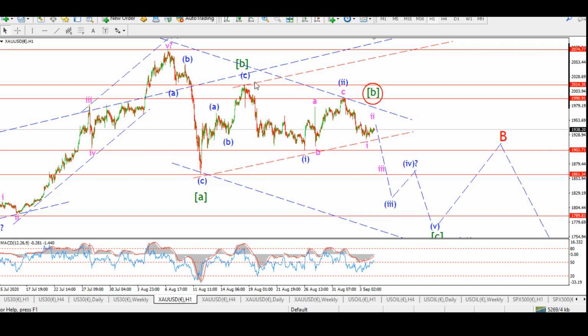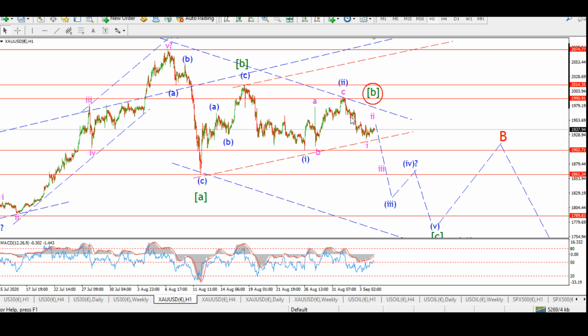But there is this kind of looming, pretty evident range contraction. So it's a possibility that we have a triangle going on here also. The reason why I'm not switching to that just yet is because we have a pretty reasonable 5 wave move lower.